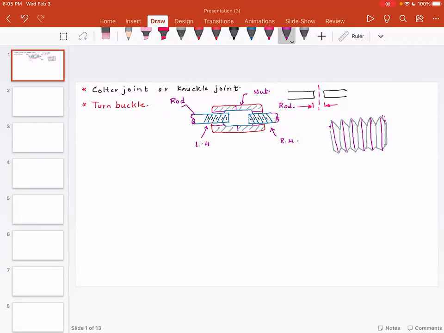Now, if you look at the front view, you're gonna observe it will have an inside diameter, and it will have an external diameter. So there is something called as DI, which is also called as core diameter, which is called a DC. So this is core diameter.